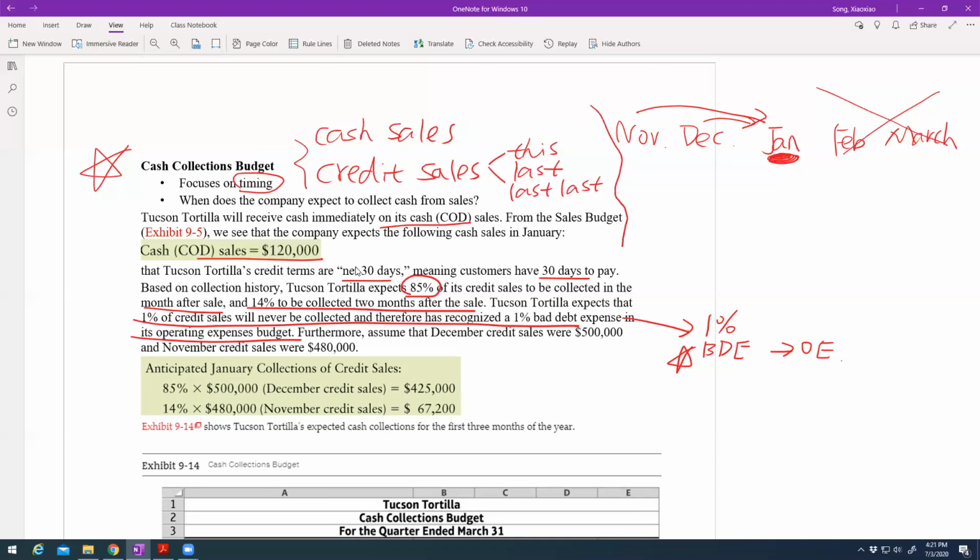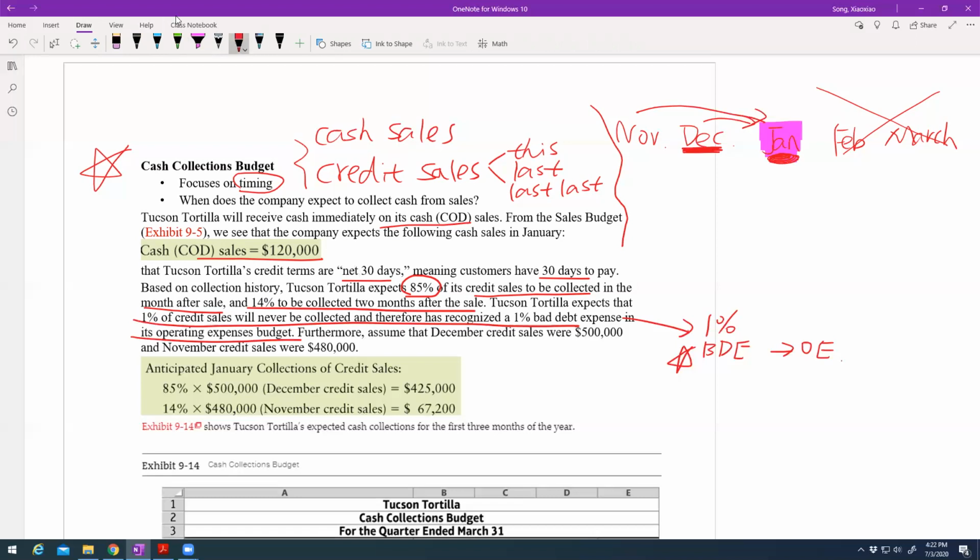They said 85% of credit sales will be collected in the month after sales. So for our December sales, 85% of the credit sales in December will be collected 1 month after December. So we talk about cash collection in January, right?